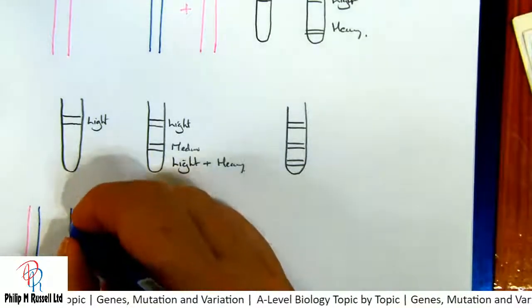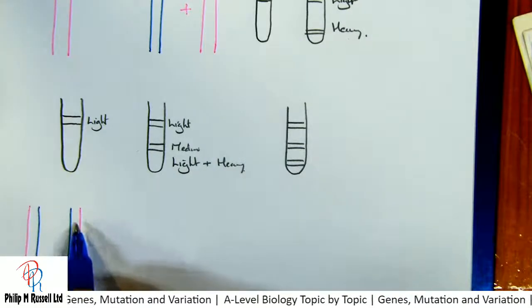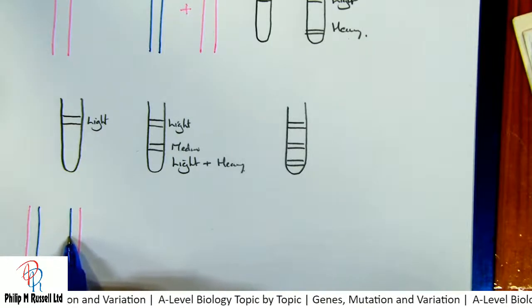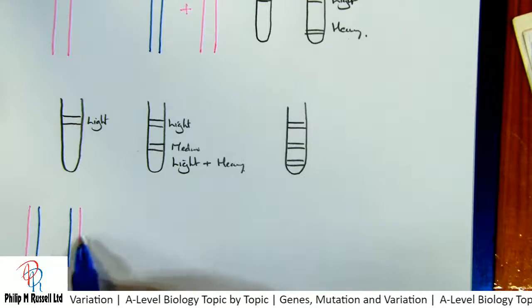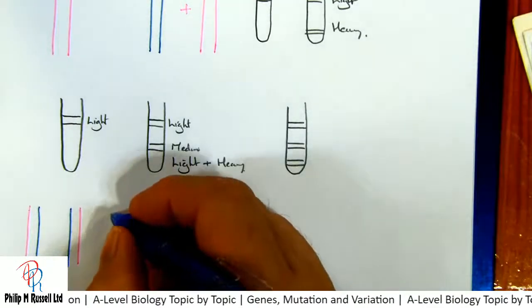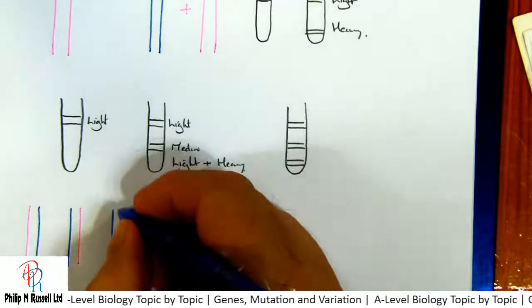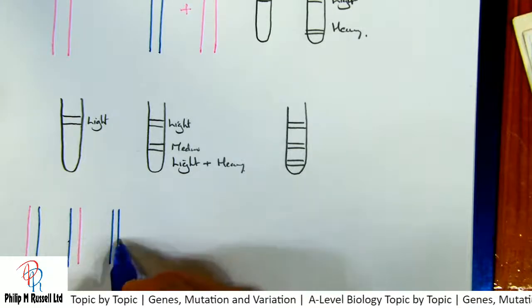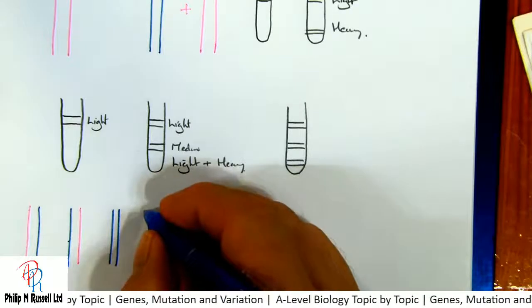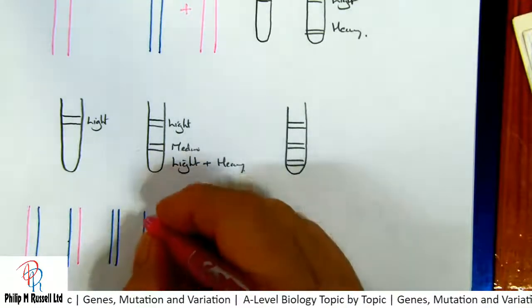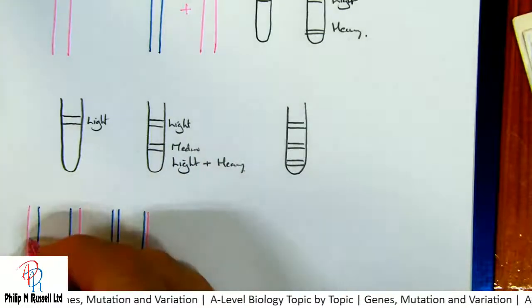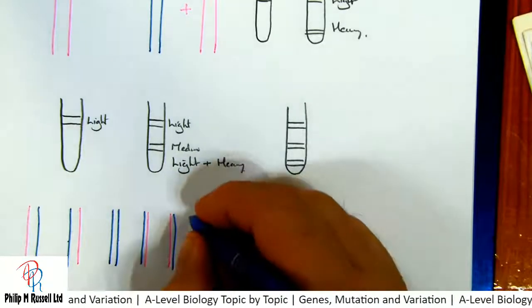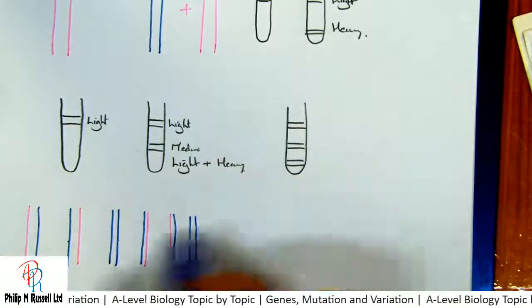When these replicate, and they're now only replicating with the dark color, then what we're going to get is this set left, and what we're going to get is this one, these strands splitting, so that will go with heavy, and this one will get a light with a heavy, and on this one we'd get the light with a heavy and the heavy with a heavy, and the light will actually disappear.